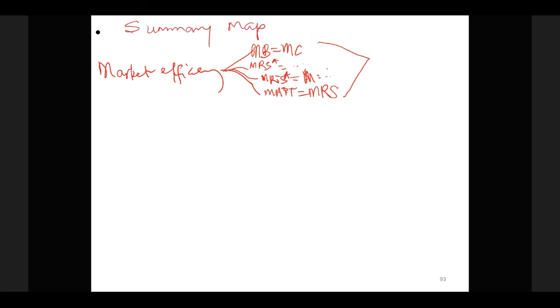Then we said that these conditions can fail, and when these conditions fail to exist, we have what we call market failure.